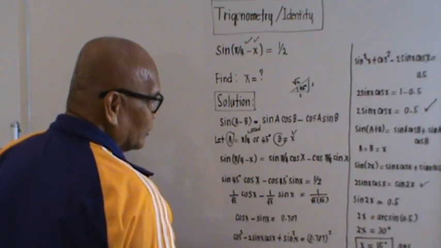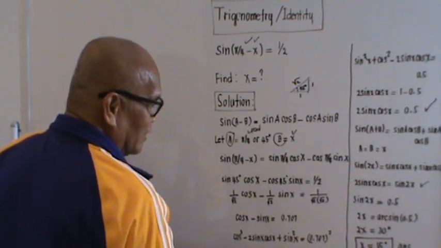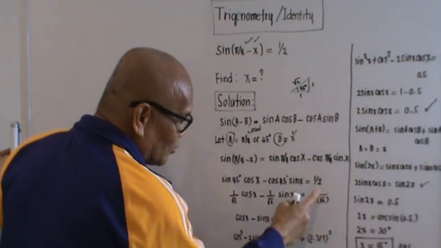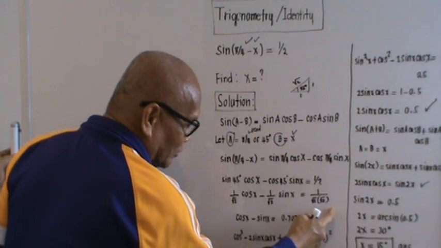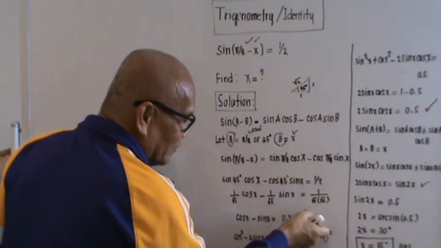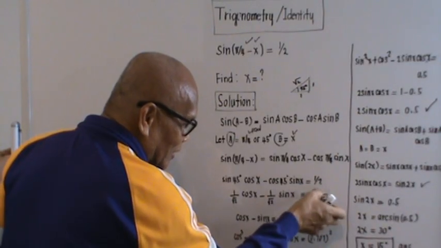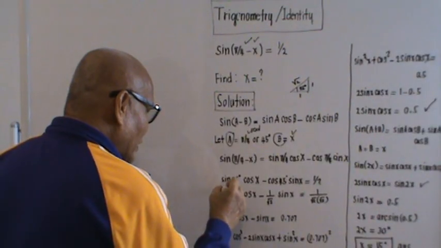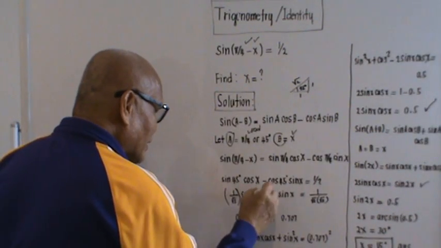And this should be equal to the right hand side, 1/2, which can be written as 1 over square root of 2 times square root of 2, because square root of 2 times square root of 2 is 2. The operation here is multiplication, right?